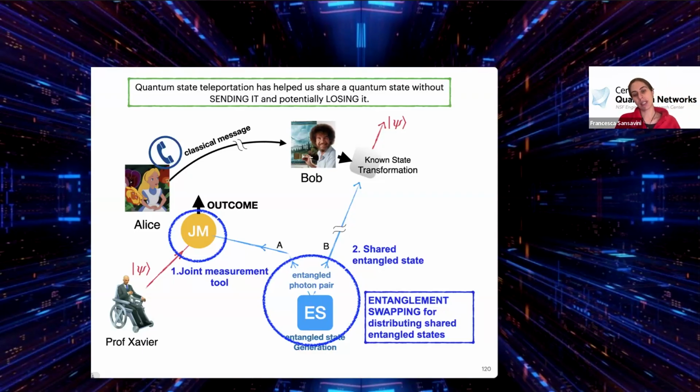We have seen how to use entanglement swapping for distributing shared entangled states. And we have seen what the limits are. We are limited by, of course, the speed of light. But this way we can send a quantum state from Xavier to Bob without losing the state.